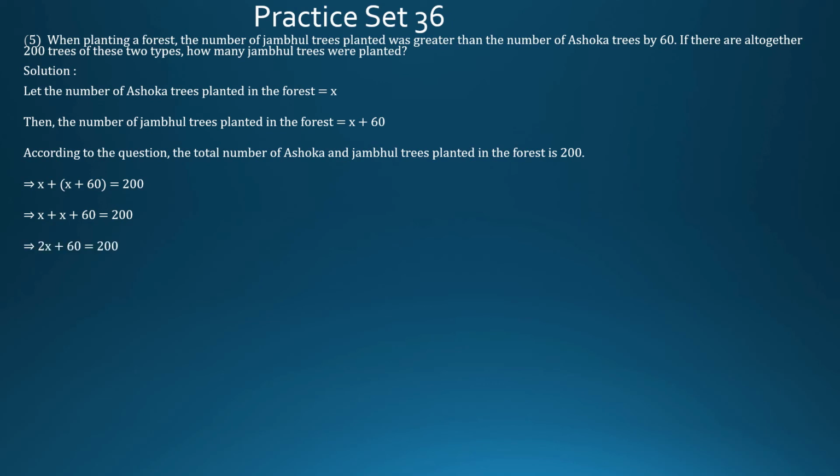Therefore 2x plus 60 is equal to 200. So we will have 2x is equal to 200 minus 60, as we have taken 60 to the right hand side of the equation. So we will have 2x is equal to 140.